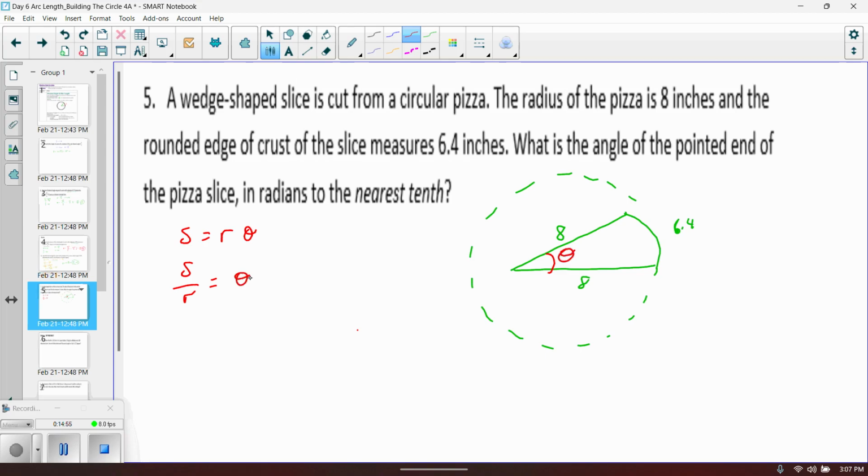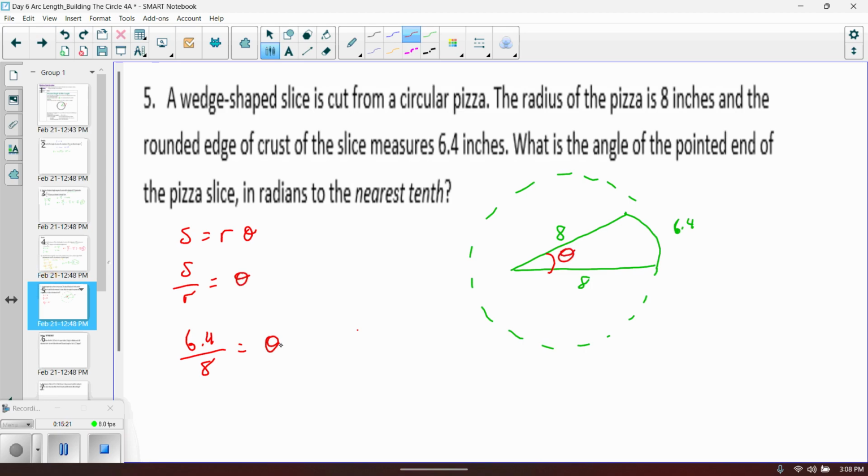Remember, I told you there does not have to be a pi in the arc length. It's just 6.4, but since it doesn't say degrees, we know it's in radians, which is fine. So that's going to be very simple. We're going to plug in 6.4 for the arc length, and we're going to plug in 8 for our radius, and that will be our theta value.